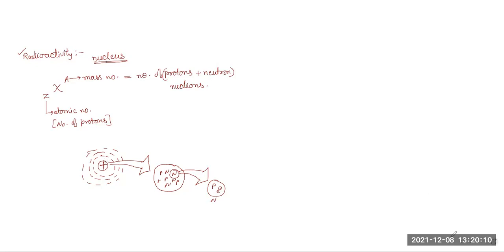Now starts the working part. Whenever any nucleus decides to adjust its structure in order to attain stability, there are three different ways to attain it. First one is to emit a beta particle. Second one is to emit gamma.